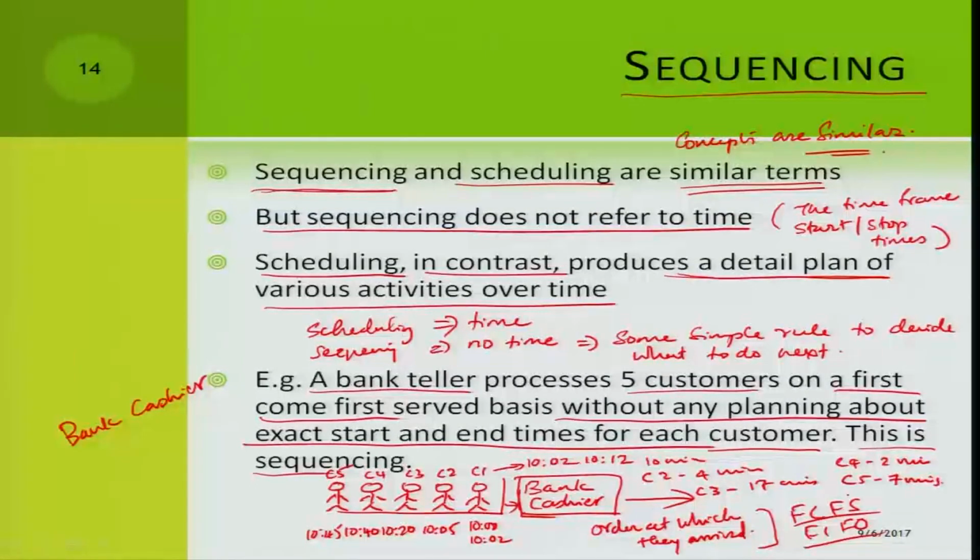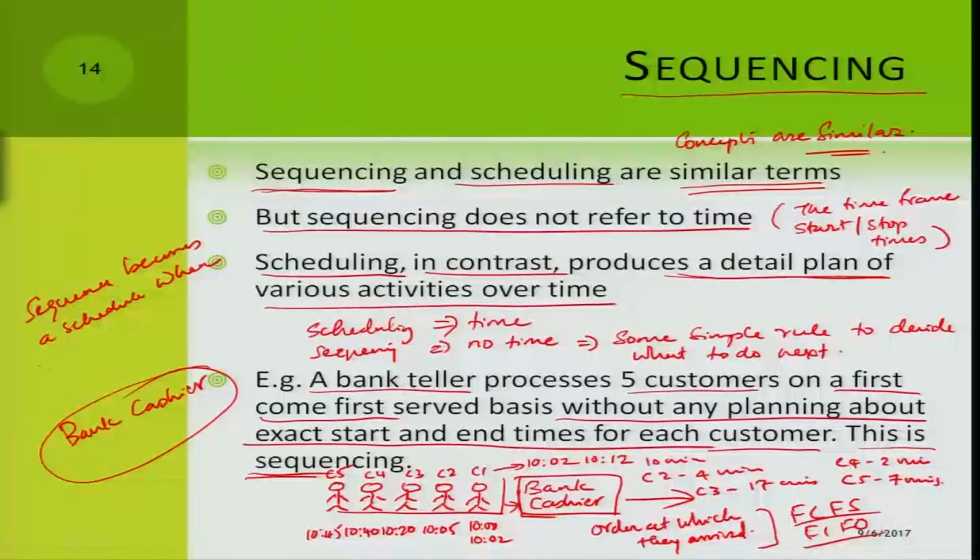Whoever came first was processed first. Such a system is just a sequencing system, not a scheduling system. A sequence becomes a schedule when exact start and end times are provided. All right, that is what it is all about.